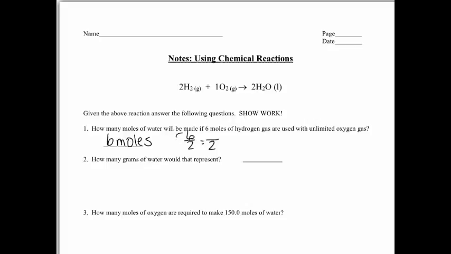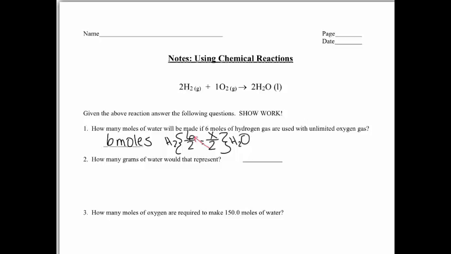So this side has my hydrogen and this side has my water. We're going to solve for the moles of water in this proportion, and when you do that, I showed you that you can just cross multiply the one item to get your x alone. You would have 6 times 2 or 12 divided by the denominator of 2, which gives you 6 moles.